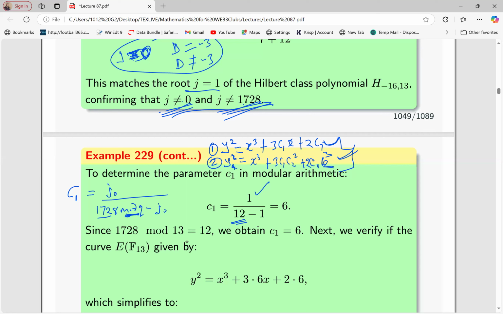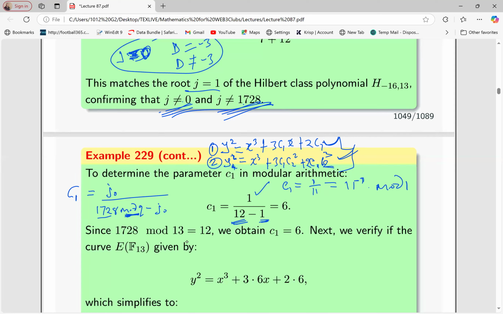1728 mod 13 will give you 12. Then subtract J naught. Our J naught is 1. So this gives you C1 as 1 out of 11, which is just the inverse of 11 mod 13.